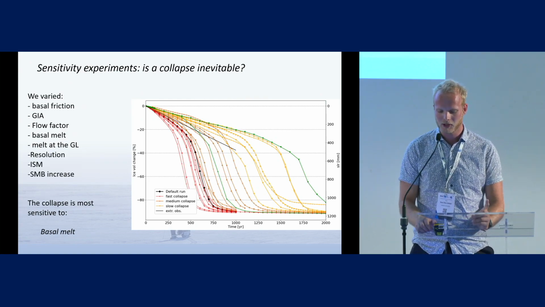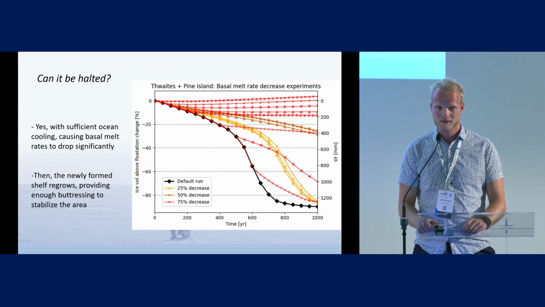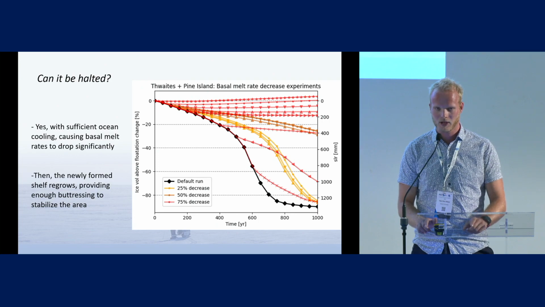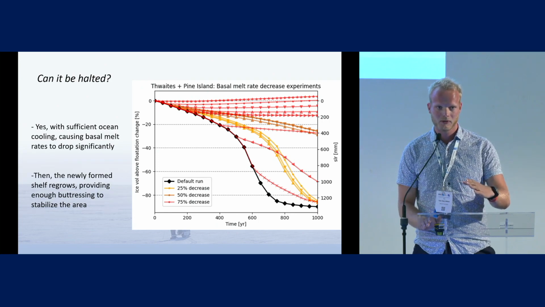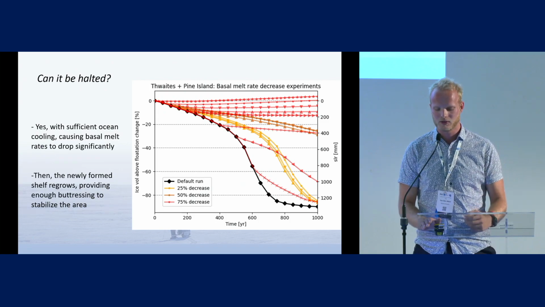And that is the thing that can actually save us, because there is a couple of runs that I did that actually stabilize. And these are the red lines on top of this plot. In these experiments, I branched off different experiments from the default run where I decreased the basal melt rates by a certain percentage, either 25%, 50%, or 75%.